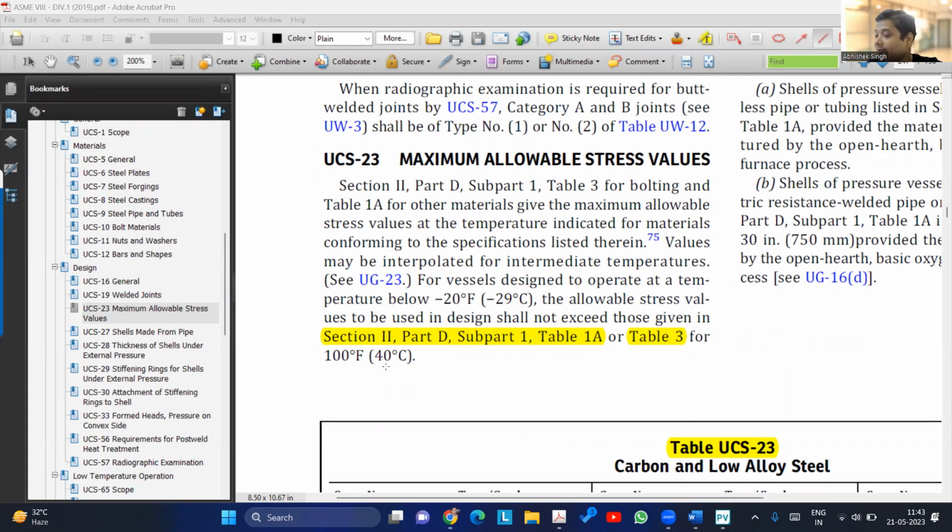And to all of you, any doubt in this? My design temperature is -20. Yeah, -20, -40, the allowable stress will remain the same as given at 40 degrees Celsius. Yeah, the same allowable you'll have to take.